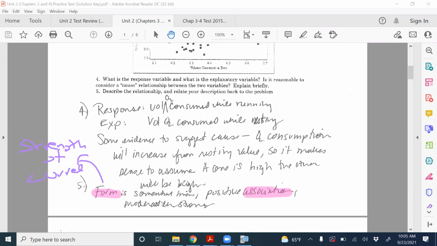So you say the form is strong. And then the association, of course, is positive because there's a positive slope. So that's more like the slope. So that's what we're saying about that one.